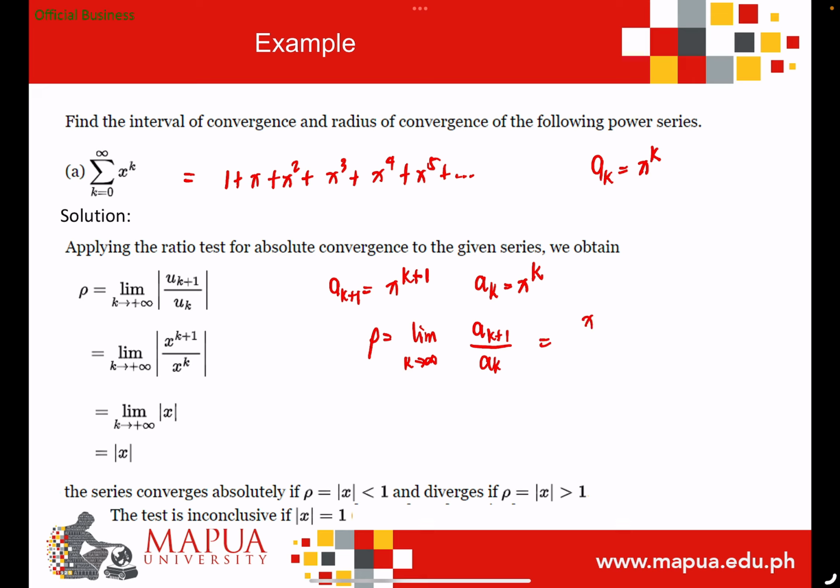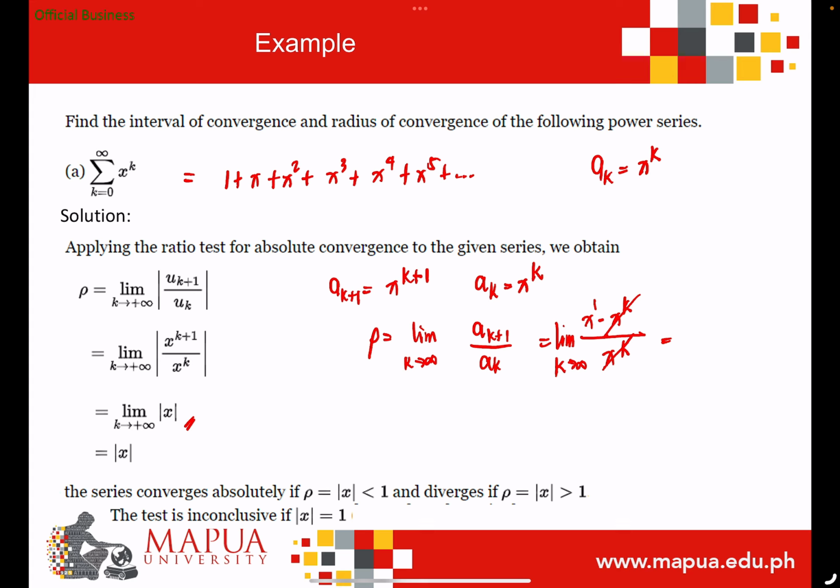So this would be x times x raised to k over x raised to k, and we evaluate the limit as k approaches infinity. So this is the absolute value of x. So the series converges absolutely if rho, the absolute value of x, is less than 1, and diverges if it is greater than 1. The test is inconclusive at x equal to 1.